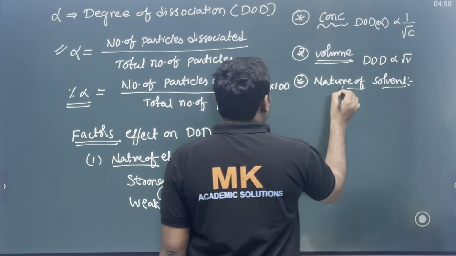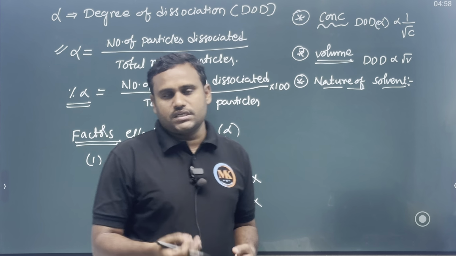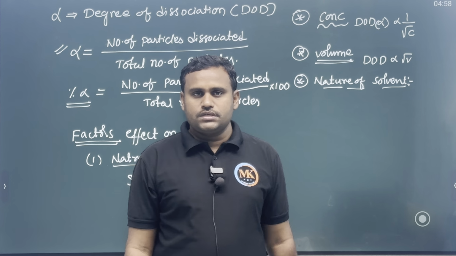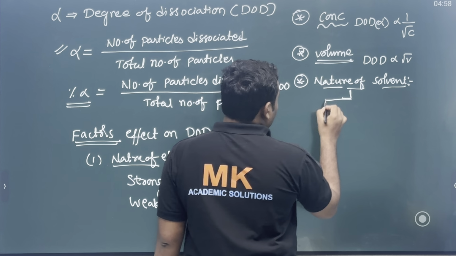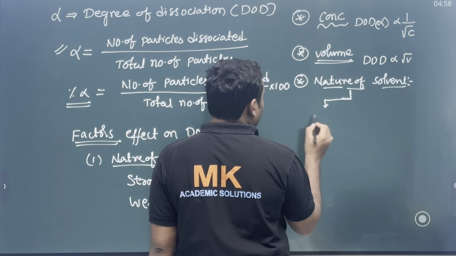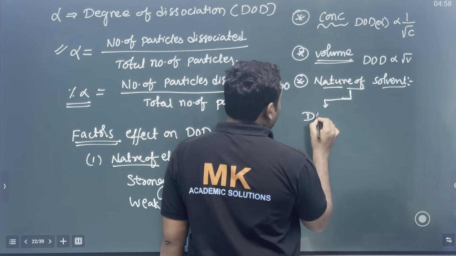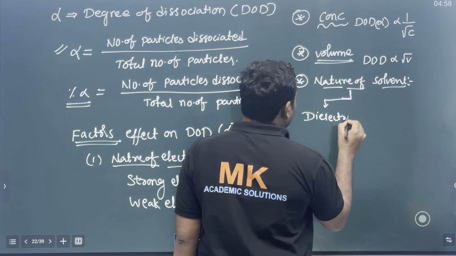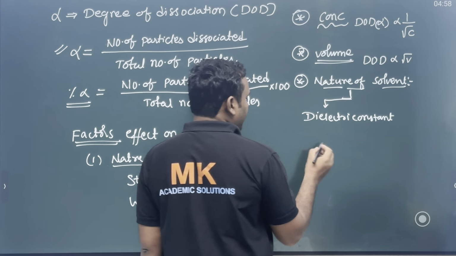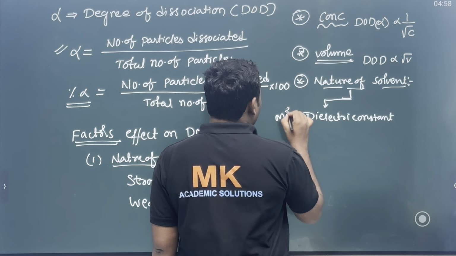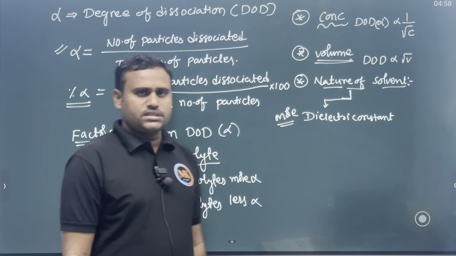See here, nature of solvent also affects the degree of dissociation. For the same type of substance, if you change the solvent, the extent of dissociation is also going to change. Of the nature of solvent, we can take one factor, that is dielectric constant. If a solvent has more dielectric constant, what is the dielectric constant?